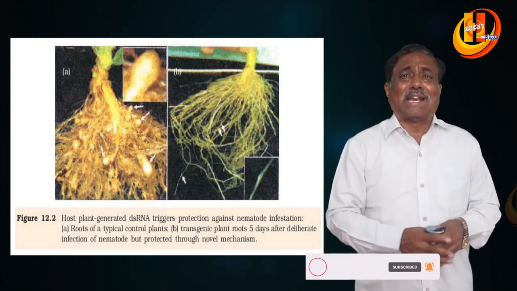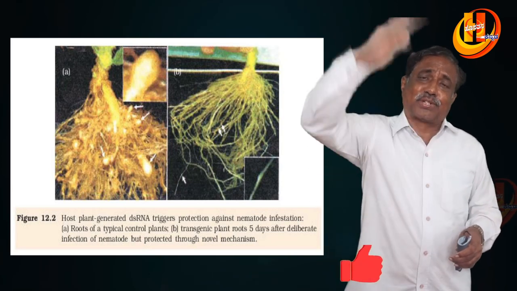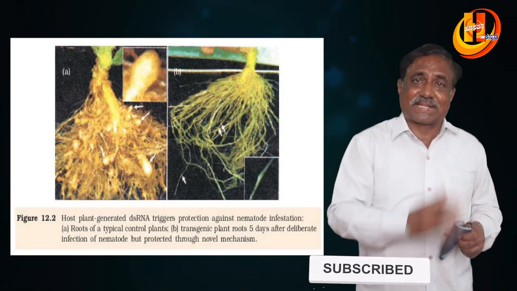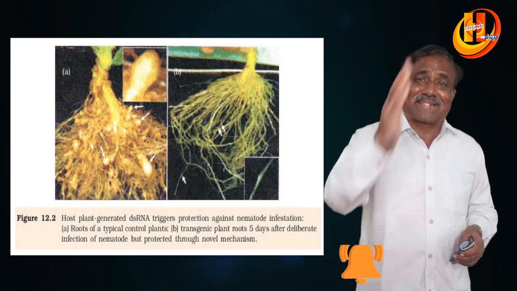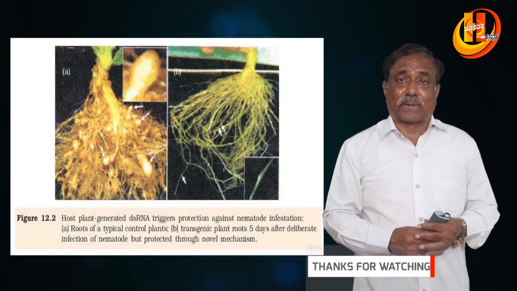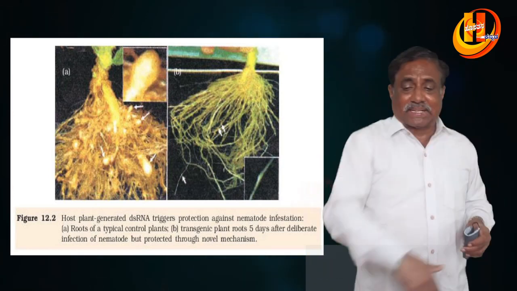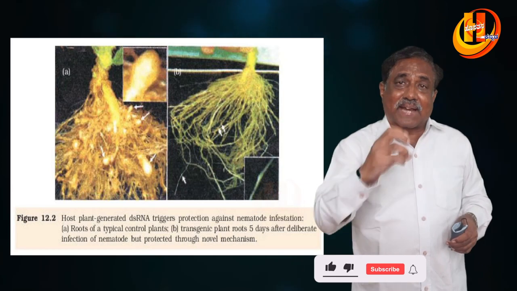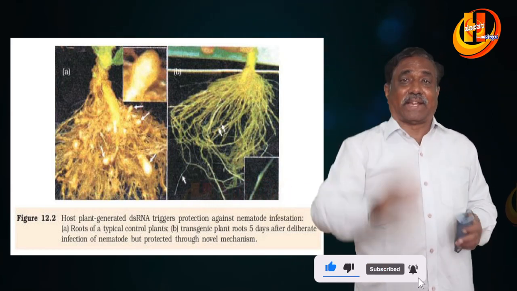This usually attacks the roots of the tobacco plant and destroys them, and eventually the whole plant dies. To resist this nematode, scientists applied a novel strategy that includes RNA interference.